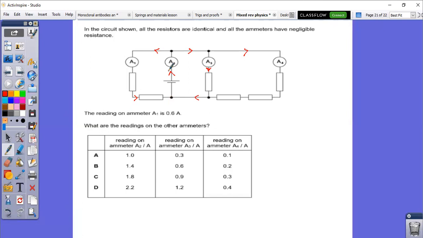So I've put a few arrows there, and remember what Kirchhoff's first law says. Sum of the currents into a junction. Where are the junctions here? That's a junction, that's a junction, that's a junction, that's a junction. Sum of the currents into a junction is equal to sum of the currents out of the junction. So try and apply that law.